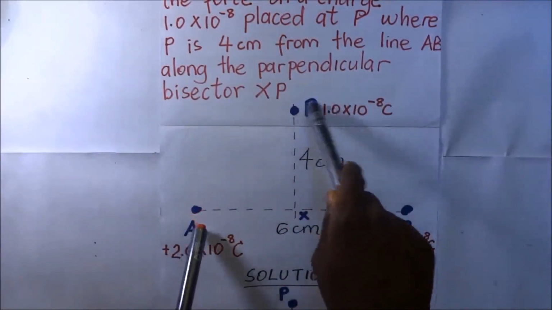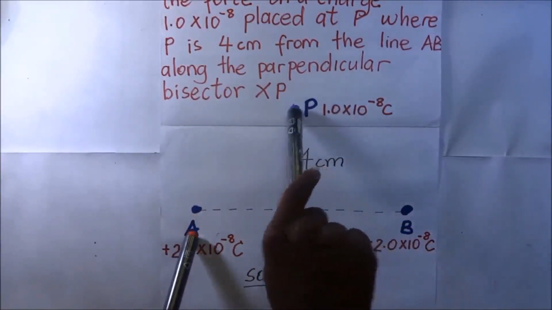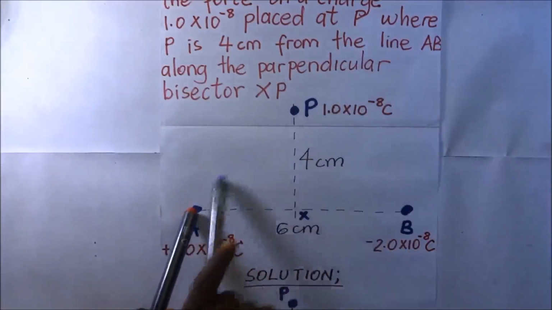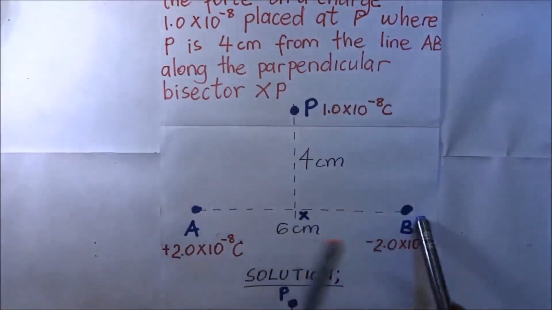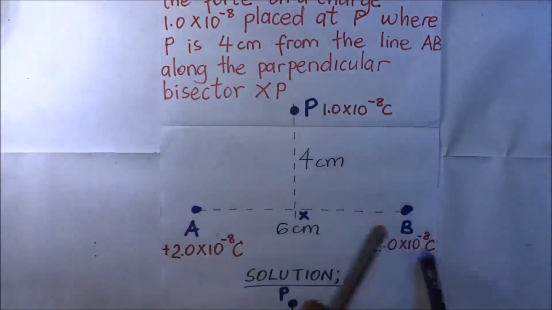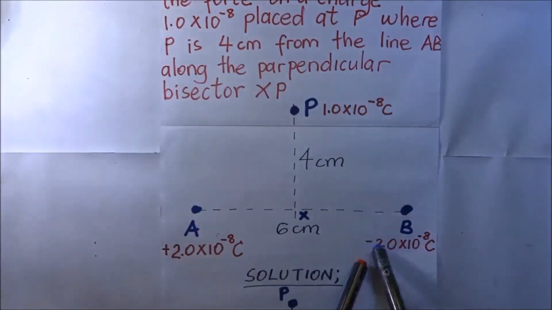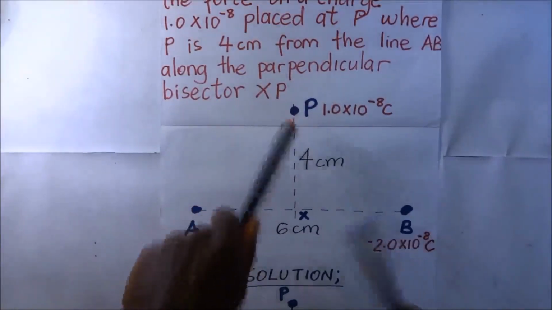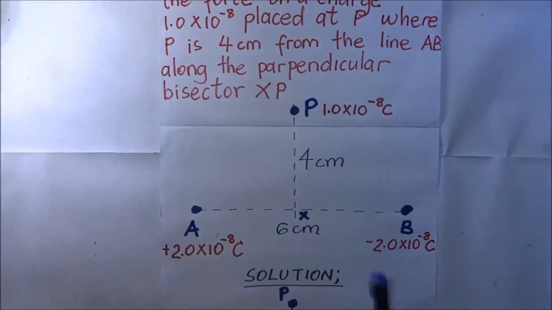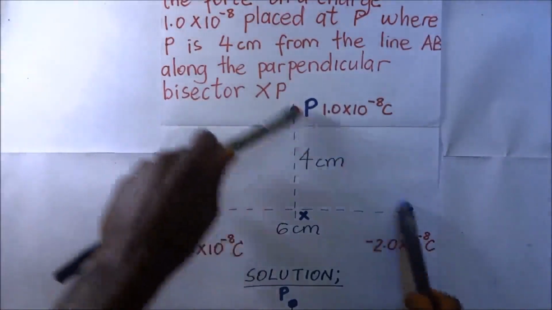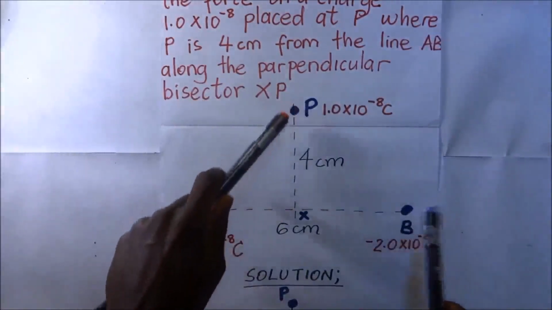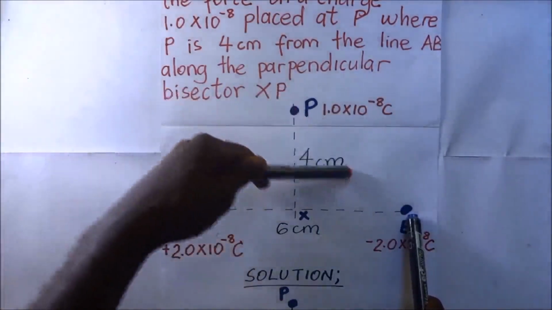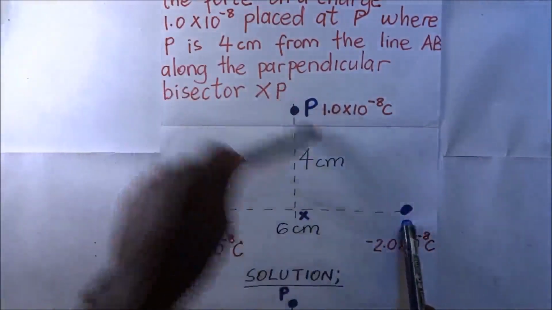So due to A, the force on P will be acting along that direction, repelling it away in a straight line. Looking at charges B and P, B is negative and P is positive. Since these two charges are opposite, there is a force of attraction. So the force acting on P will be working in that direction along the straight line towards point B.